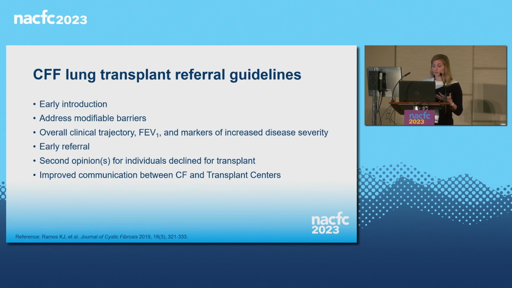Early referral also gives patients, people with CF, and their families the time and space to fully consider transplant. The guidelines also encouraged seeking out second opinions in cases when an individual is declined for transplant, and acknowledged the importance of improved communication and partnership between CF and transplant programs.